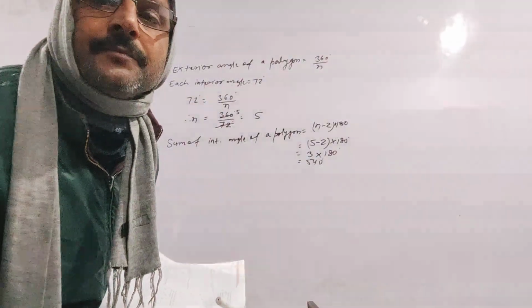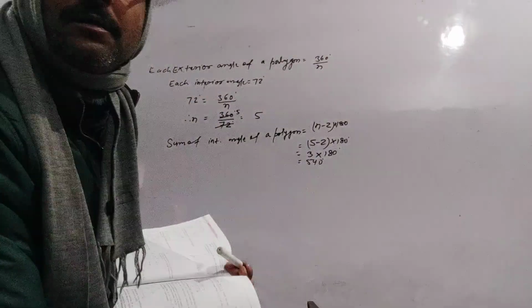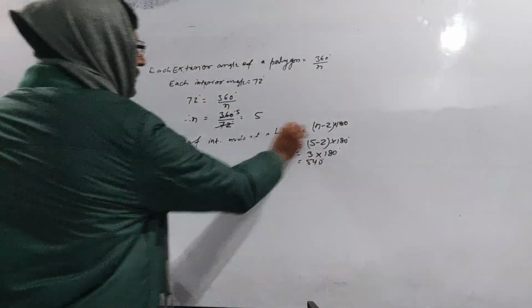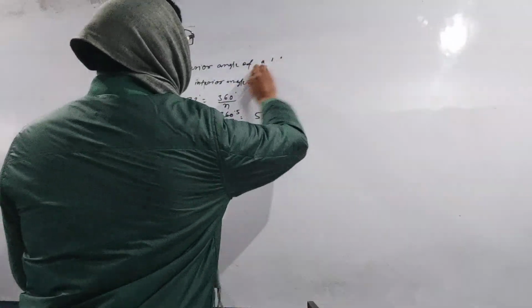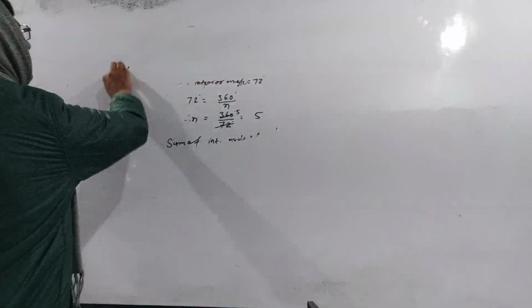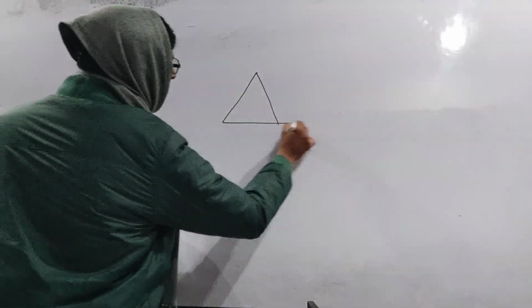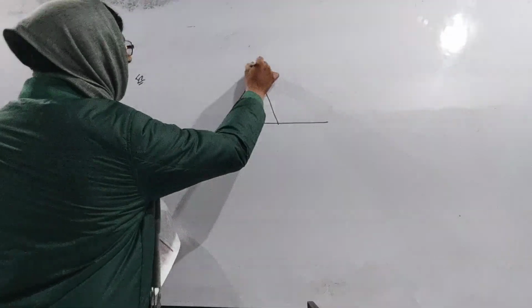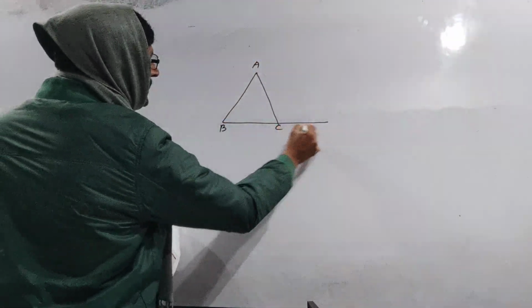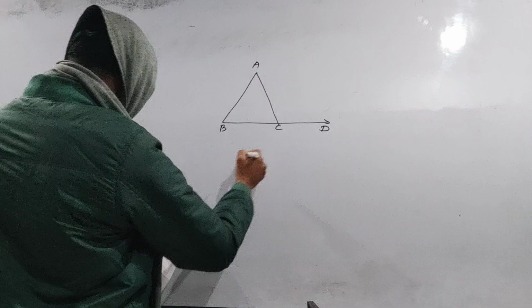Next one is question number 42. The figure with A, B, C and D. Correct?